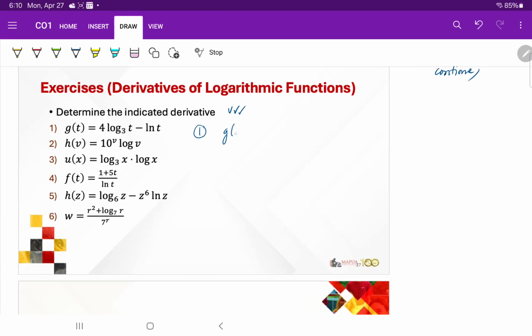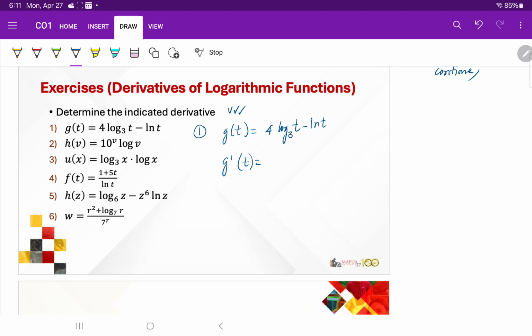We're given g of t is equal to 4 times the log of t to the base 3 minus ln of t. So here we have to solve for the derivative. G prime of t.